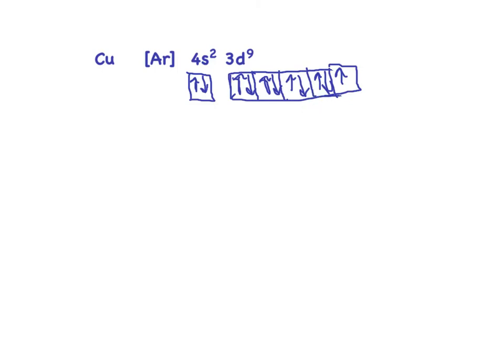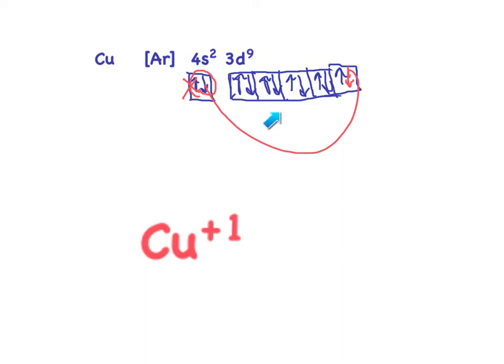What copper actually will end up doing is losing its 1 electron from the 4s orbital and then promoting that electron into this d orbital right here. So what copper ends up with in this instance is copper with a +1 charge, which is really nice and stable because it's got this full d subshell.